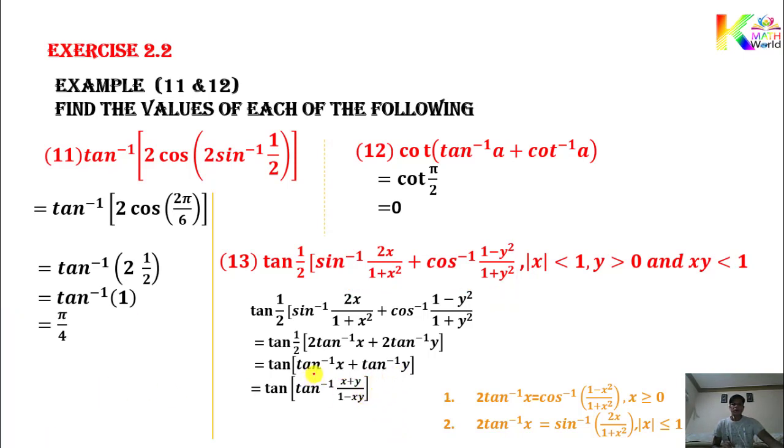Okay, we use the formula for this. So now both are inverse of each other. So what should be the answer? X plus y over 1 minus x into y. That should be our answer. So if we know the formula properly, then we can easily solve this question.